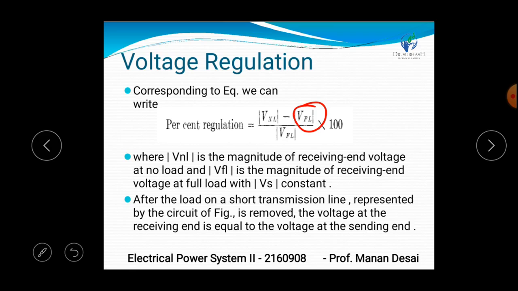Do you know which regulation is the best? I have two options, 10% or 80%. Think about it. Which regulation is the best? Yes, you are right, 10%. The 10% regulation is the best. Why?